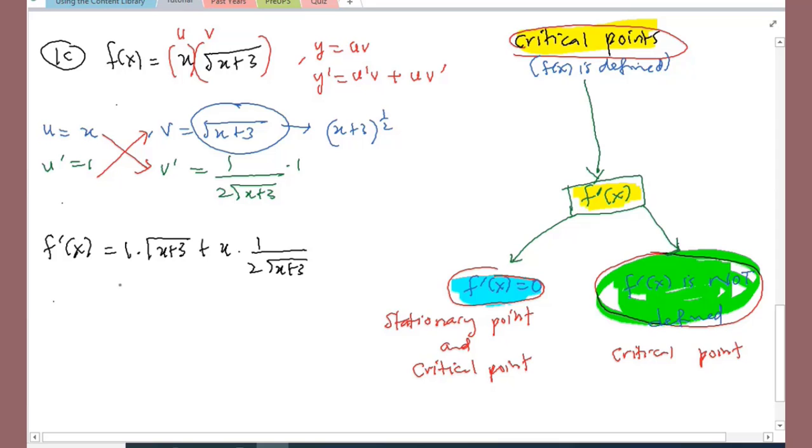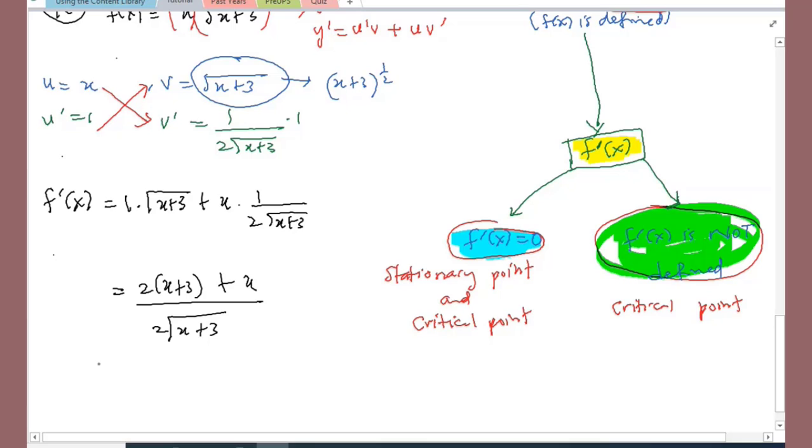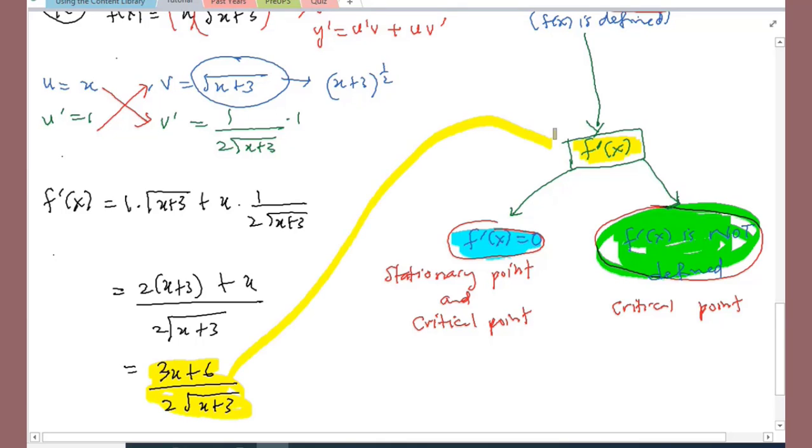Equate the denominator and simplify, taking the square root of x plus 3, bring up, plus x over 2 square root of x plus 3. Simplify: 3x plus 6 over 2 square root of x plus 3. That is f prime of x at this stage.